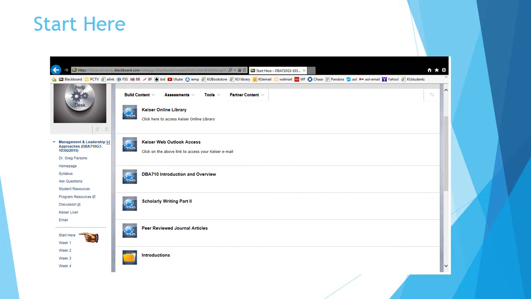Okay. So you can see here we have links that take you to the Kaiser library, so you can go in and start getting your journal articles. And by the way, I don't supply the articles themselves, the text version. I give you the links or the titles so you can go into the library and select them out of the EBSCOhost database. I think the practice of getting into the library and searching around and finding things is a good experience.